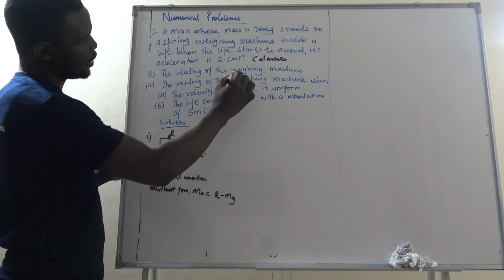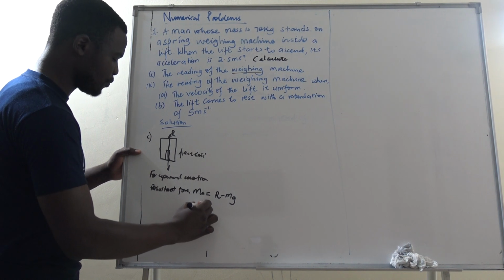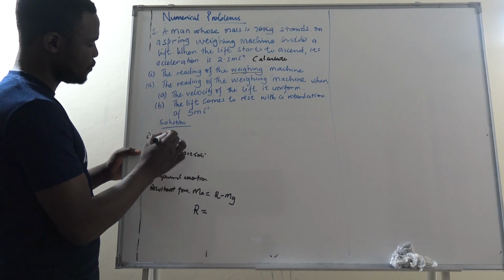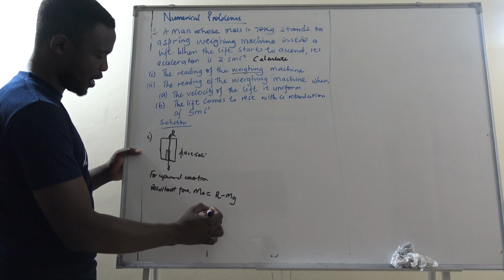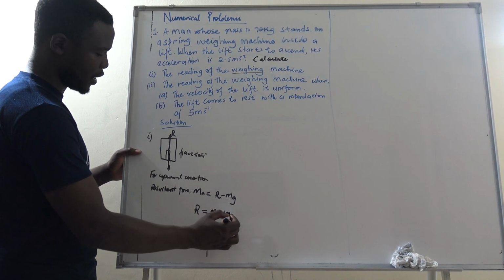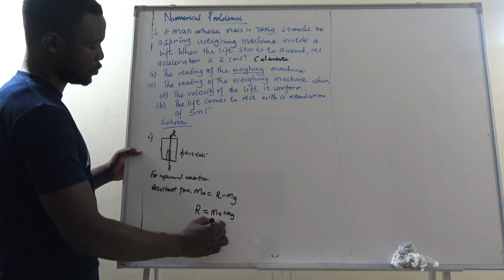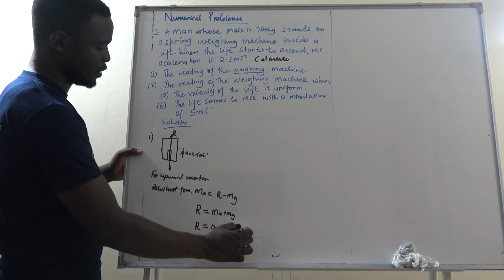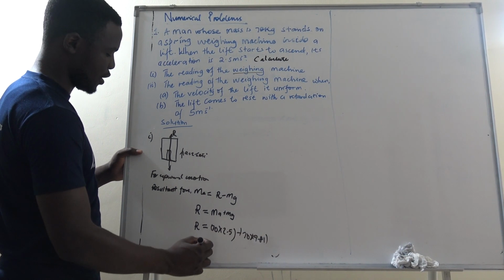Now, they wanted the reading of the weighing scale. The reading of the weighing scale is the reaction, or the tension in the spring. So we make R the subject and we see that R is equal to ma plus mg. So the reading on the spring is going to be 70 times 2.5 plus 70 times 9.81.